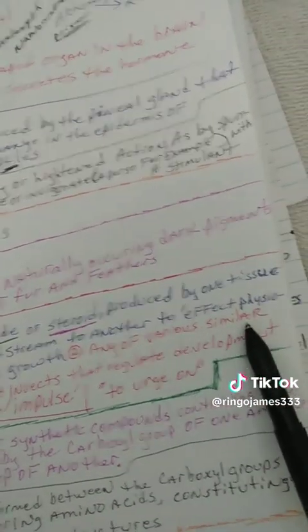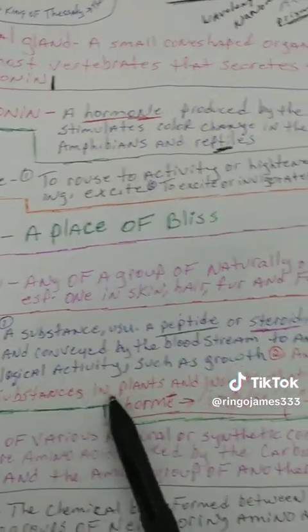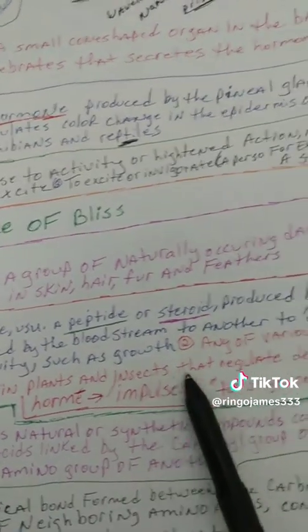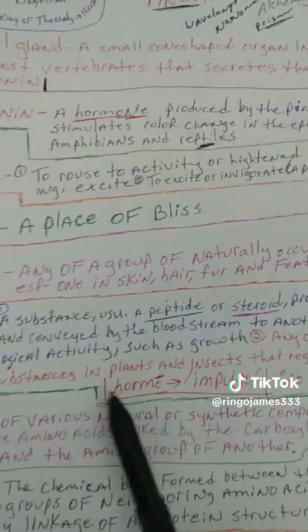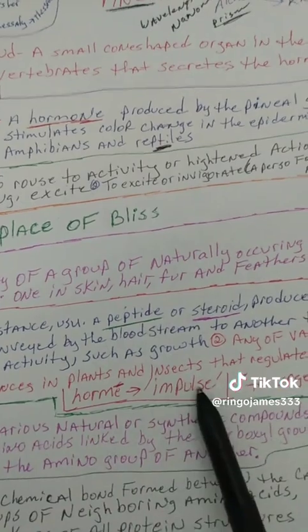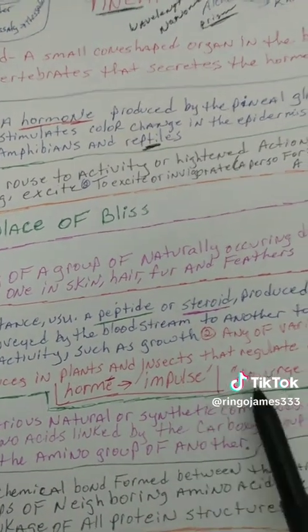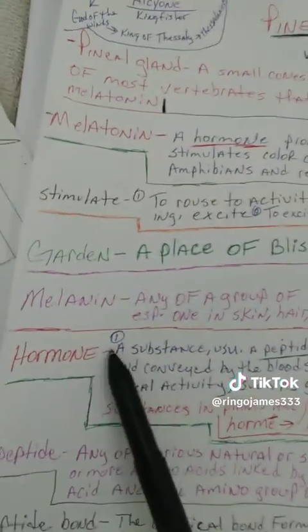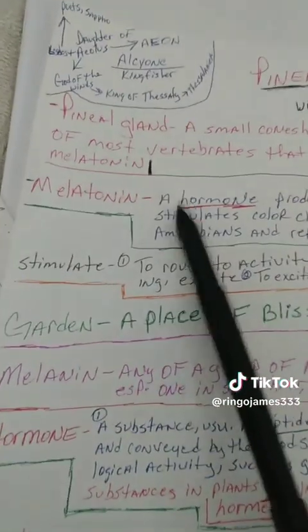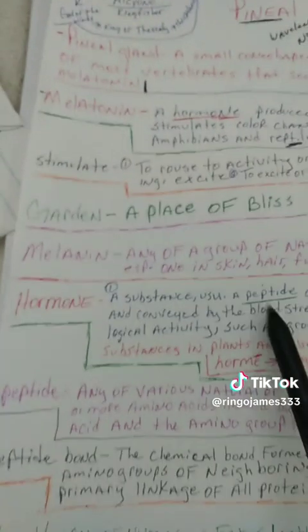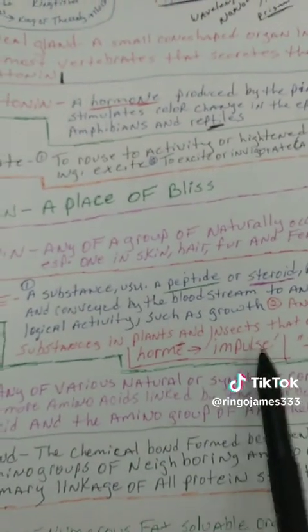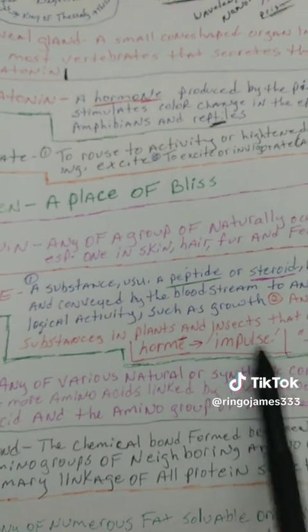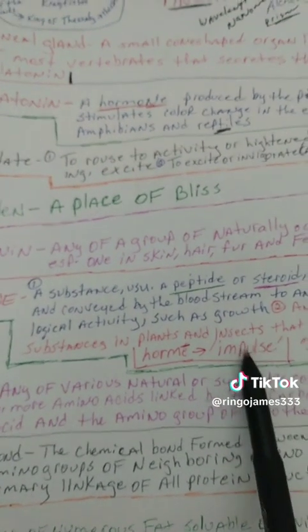Any of various similar substances in plants and insects that regulate development, or impulse to urge on. Once you get the melatonin released in your pineal gland, there's something in there that urges you on your spiritual journey, which is what the pearl represents in the Bible.